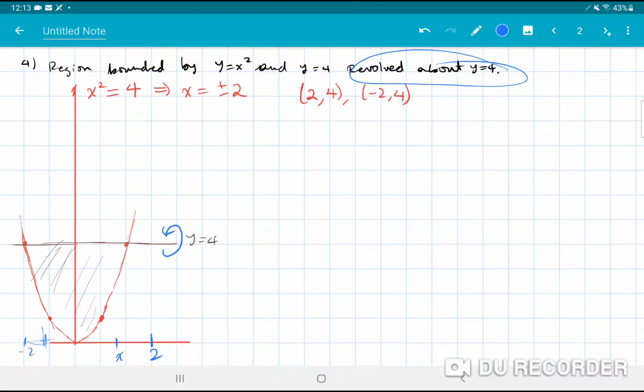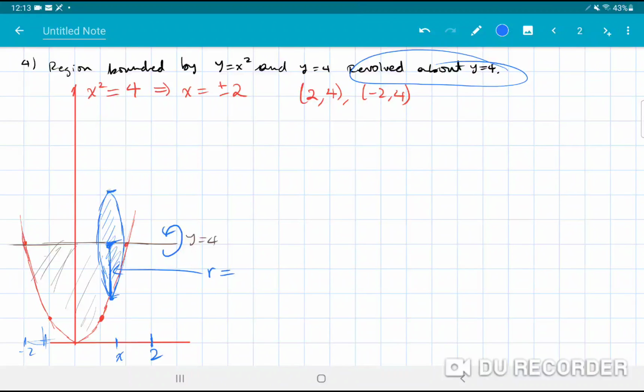Make a segment inside your region, and now we're going to revolve that segment about y equals 4. It turns out that the distance from here to here goes just about here on the opposite side. So that's the region that I'm going to get. That's a cross section. So that is the radius.